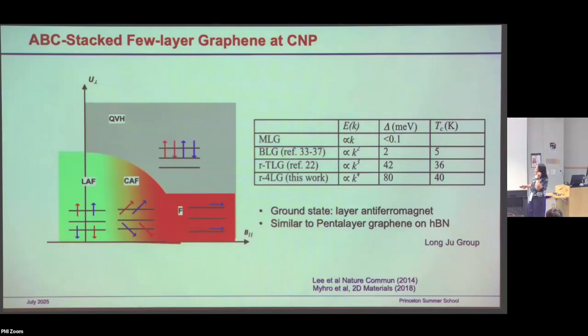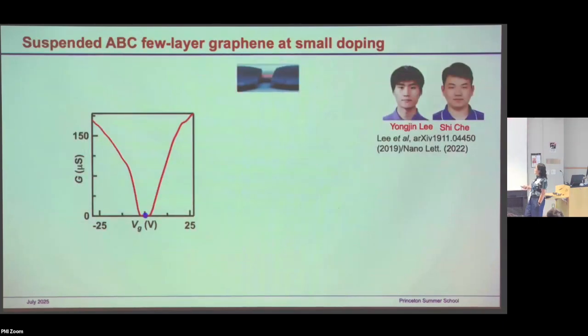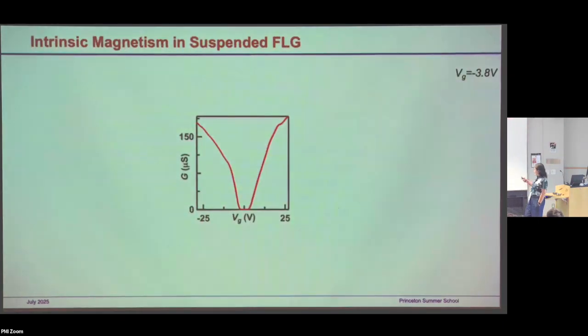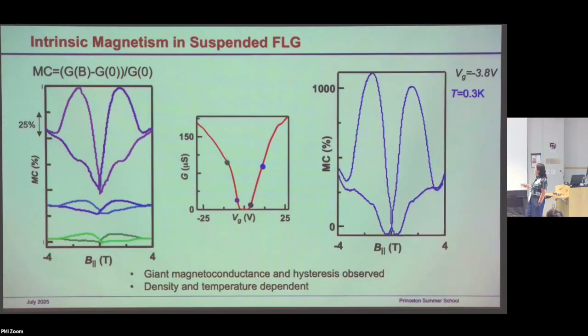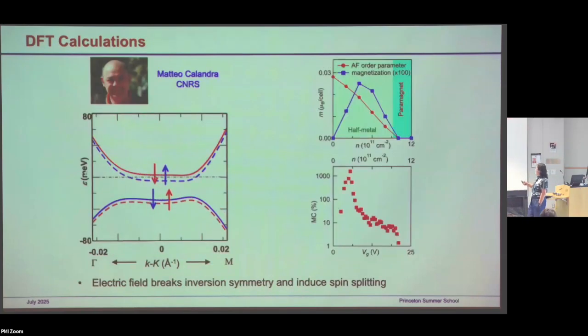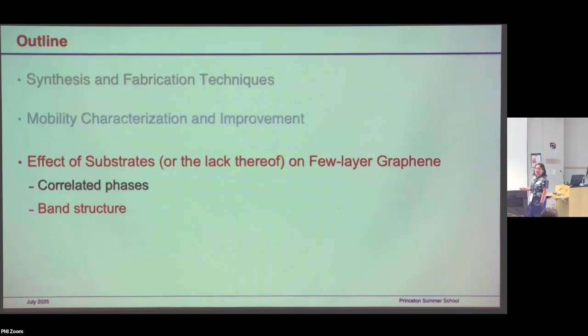So we have to limit the electric field applied in suspended samples. Maybe let me skip this. We'll just say that in suspended few-layer graphene we see intrinsic magnetism, which disappears at about 5 Kelvin, but magnetism has also been seen in supported few-layer graphene.